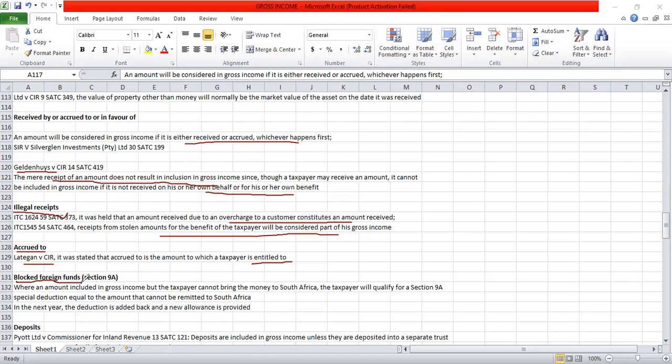So that means you qualify for what is called a Section 9A special deduction. So that means you include it in your income, but then you deduct it. So you won't pay tax on it. Then next day you revisit. The previous amount is added back, then we revisit and see if it still qualifies.